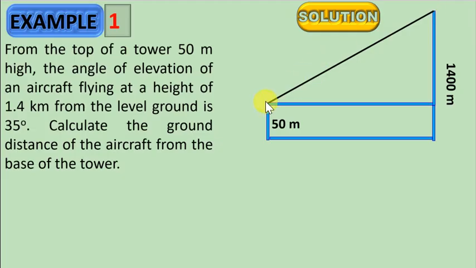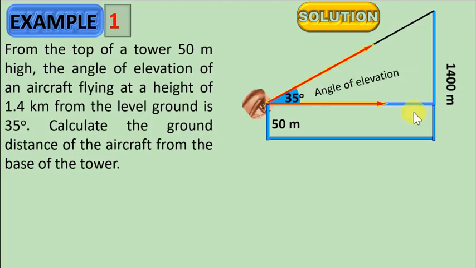So now, the observer is looking up to see the aircraft, which is 1,400 meters above the ground. This is the observer's line of view from the horizontal. This angle is what we refer to as the angle of elevation, and that's the angle we're going to use in our calculation.